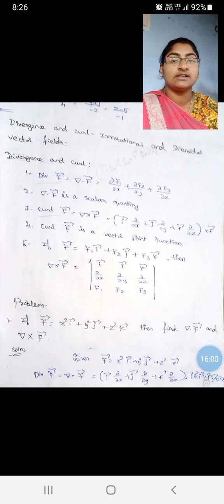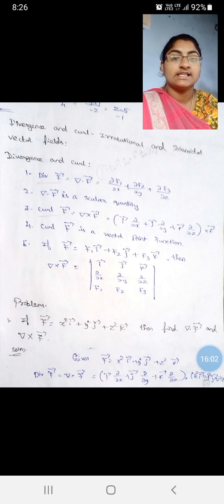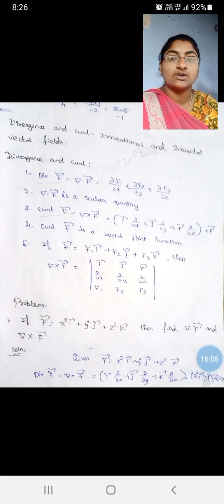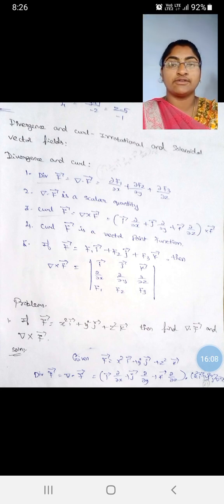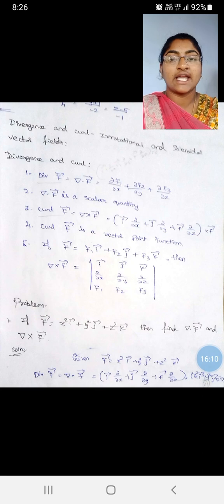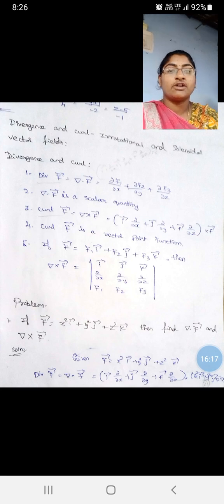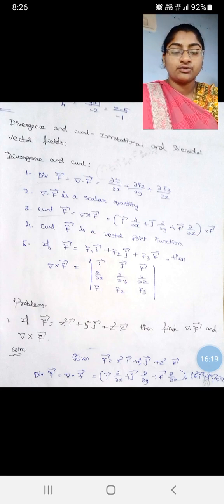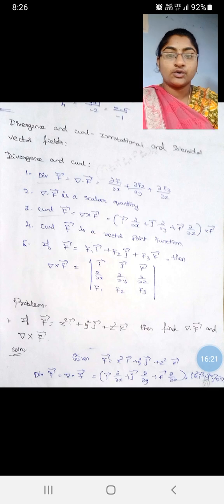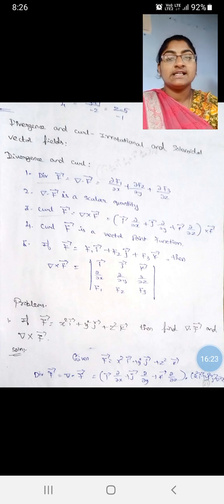Here is a formula given for divergence and curl. Divergence of f vector is equal to del dot f vector, that is tau f1 by tau x plus tau f2 by tau y plus tau f3 by tau z. Del dot f vector is a scalar quantity.